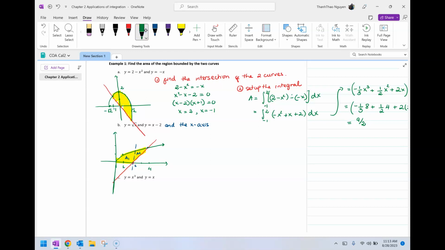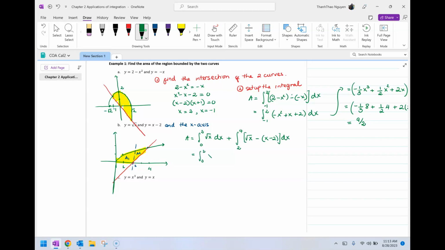So then I can set up my integral: the area is equal to the integral from 0 to 2 of square root of x dx, plus the integral for the second part, 2 to 4 of square root of x minus (x minus 2) dx.